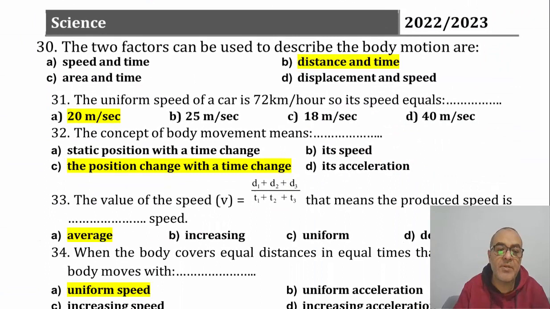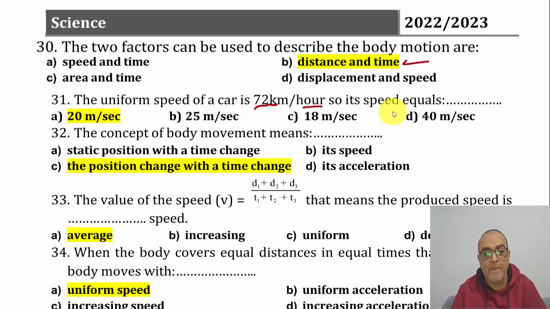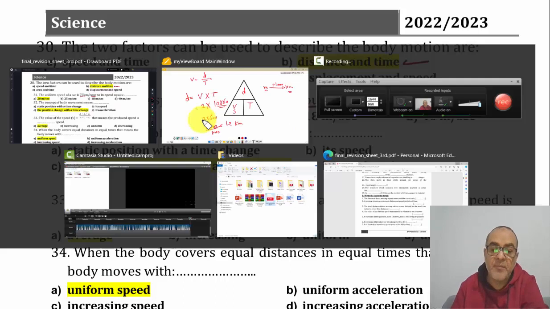To number 30, the two factors that can be used to describe the body motion: yes, distance and time. The uniform speed of a car is 72 kilometers per hour, so its speed is, yes, 20 meters per second. Why?